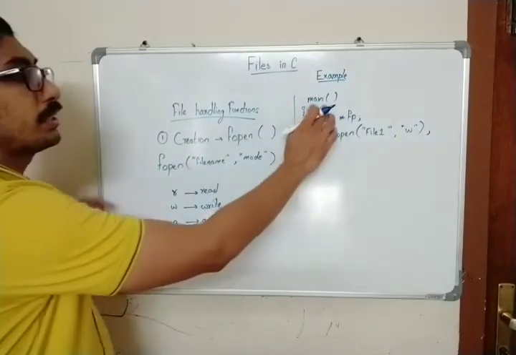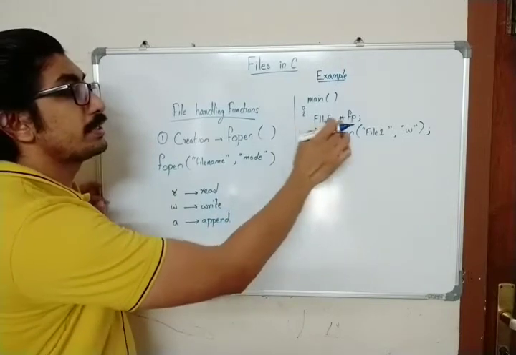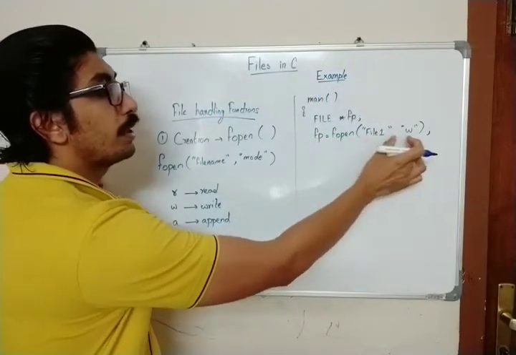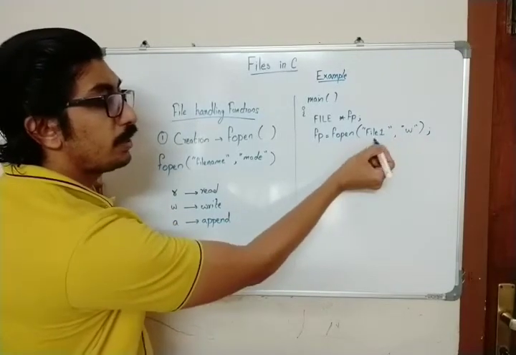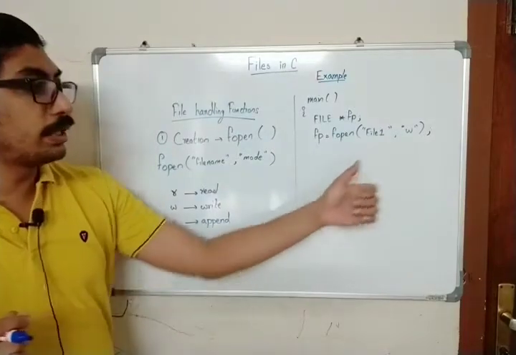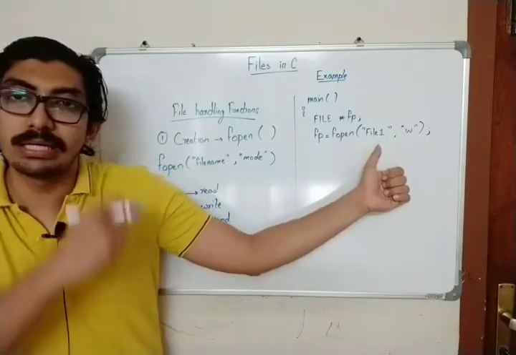I have created a file pointer using the FILE type, so FILE star fp. Now I am saying fp is equal to fopen file1 in write mode. file1 will be the name of that file. What the compiler does is check for a file named file1 in the current directory.